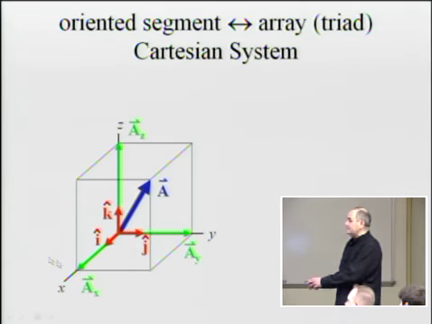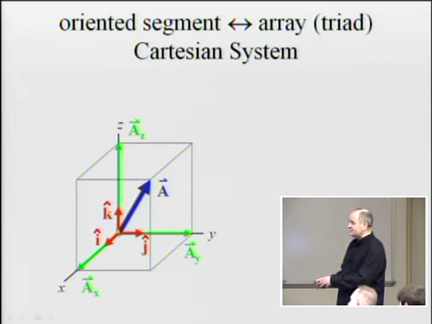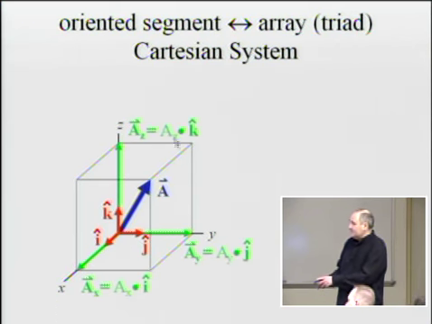Well, if the length were 5, by what number would I have to multiply vector I? By number 5. So every time I have to multiply by the length of this arrow. And along the y-axis it is the same thing. If this length is 3 and this one is 1, I have to multiply vector j by number 3 to get this vector.